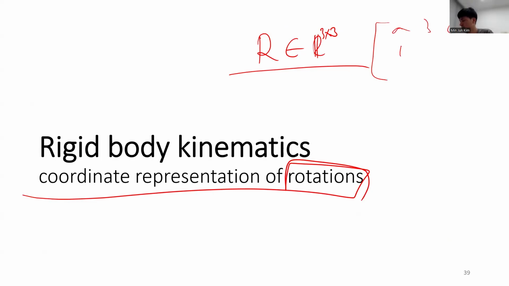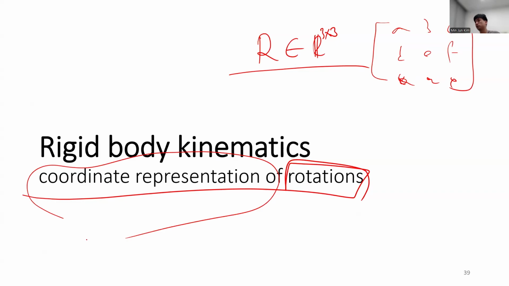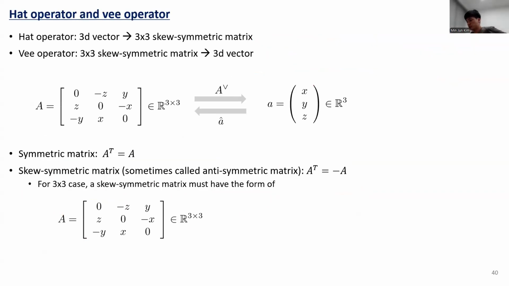Keeping 9 numbers is too bulky, and we want to have a more compact representation. That's something called coordinate representation, and we will see it very soon.